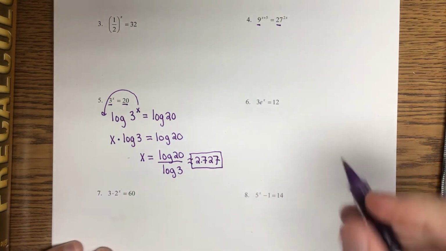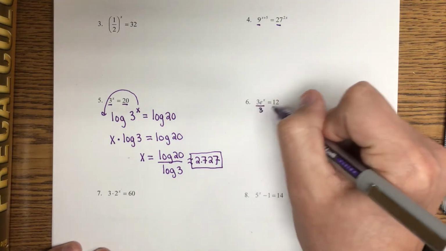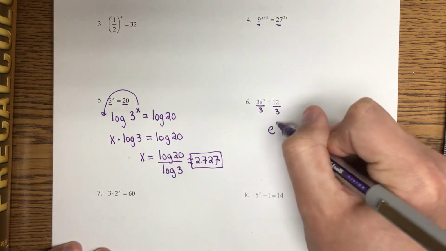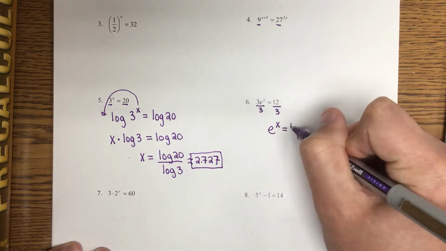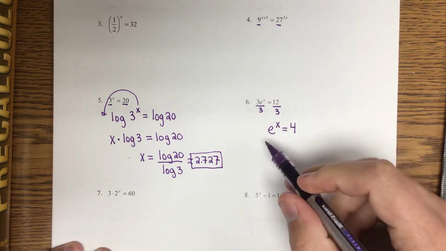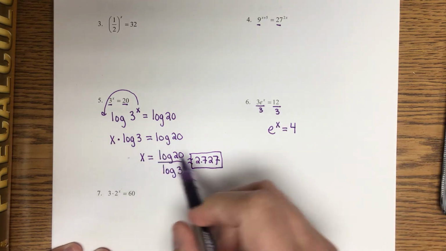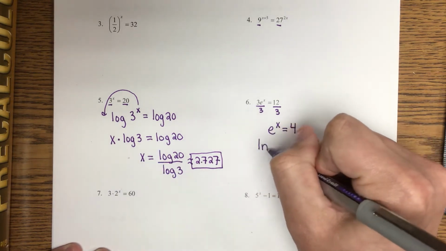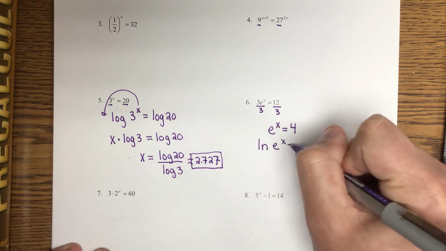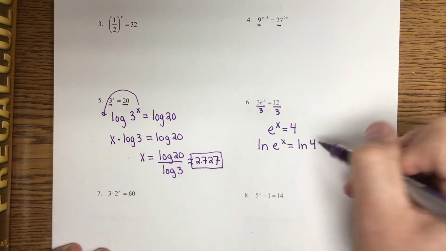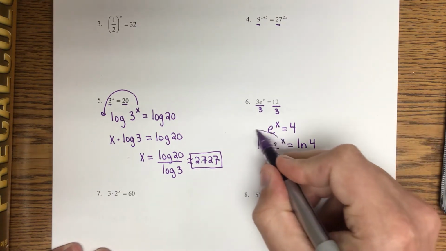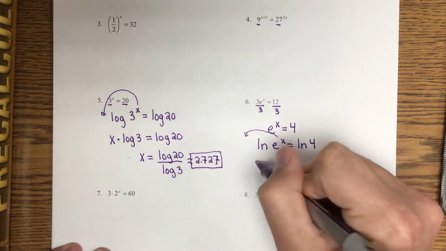But if you look at problem number 6, you'll have to divide by the 3 first. And so you get e raised to the x power is equal to 4. Now, in this particular problem, I'm going to use the natural log because e is already involved. So I'm going to take the natural log on both sides. Now I'm going to use the power property and move that variable out front.